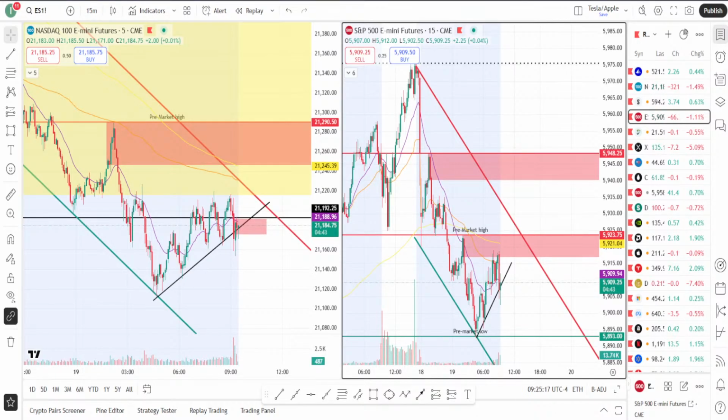Will we be going up or down at open? Then we'll rip at open and flush. Yes, sir. That's right.